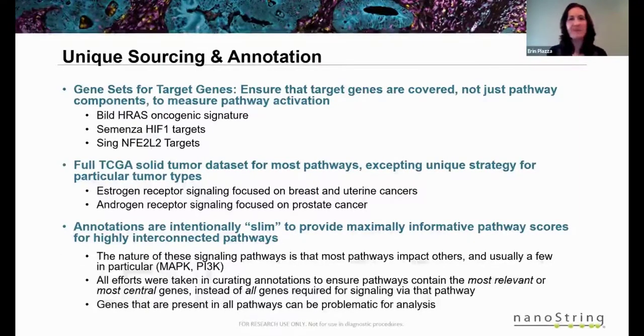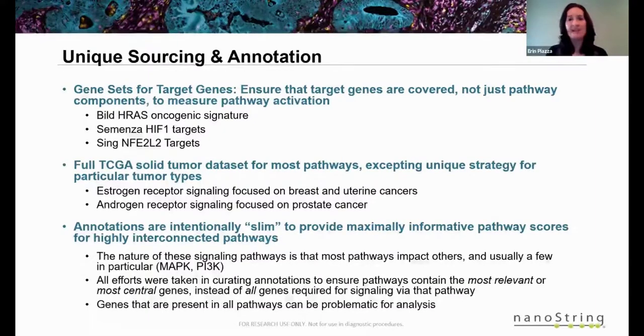And then finally, we spent quite a bit of effort to produce slimmer annotations for maximally informative pathway analysis. As many of you know, the nature of these pathways is such that many pathways traffic in and through each other during the course of signaling, especially pathways like MAP kinase and PI3 kinase that act as sort of generic signaling components in a number of different pathways.